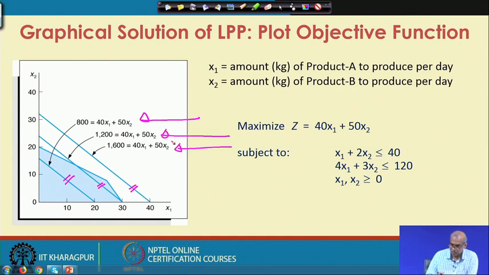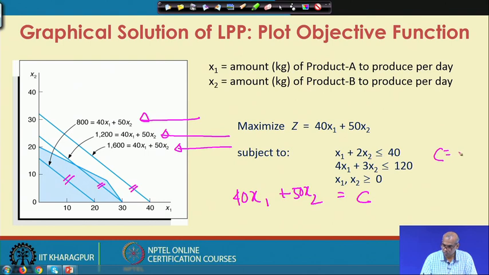So, basically 40x1 plus 50x2 equal to c, some constant c. Here c equal to 800 in the first case, then 1200 in the second case and 1600 in the third case.